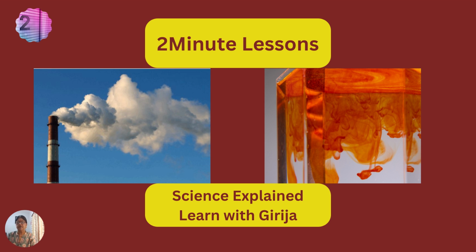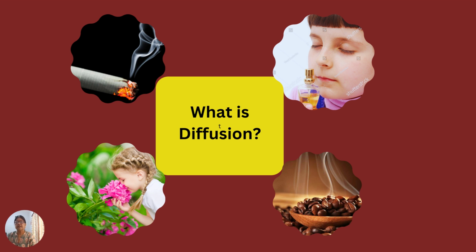Let me talk to you about another interesting and useful process. Here's your question. What is diffusion? Observe these pictures. Can a burning cigarette spread its smell? Do you agree the fragrance of flowers reaches us at a distance?